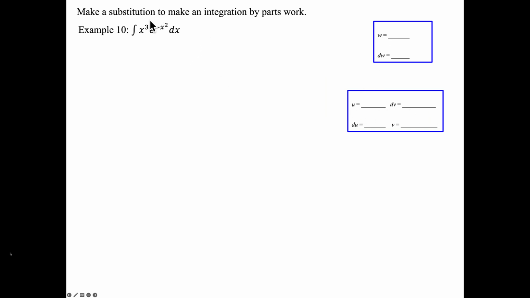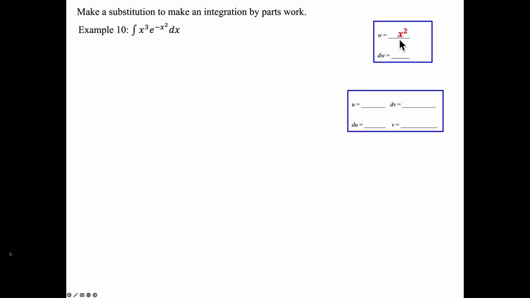What I'm going to do is let, and get rid of, this x squared in my exponent position on my e. That's going to be messy if I tried to do my integration by parts. So let's make this x squared be my w. We're okay if there's a negative there. That doesn't bother me. The x squared bothers me.